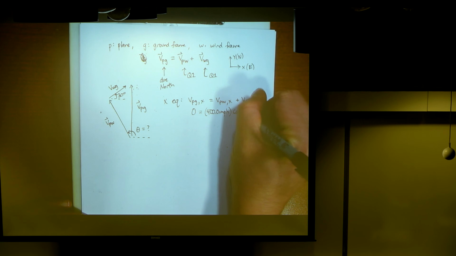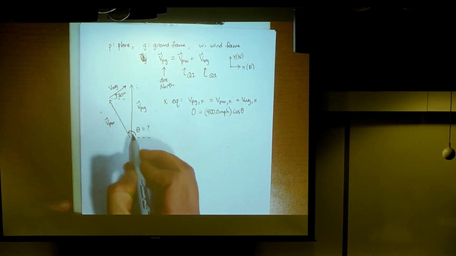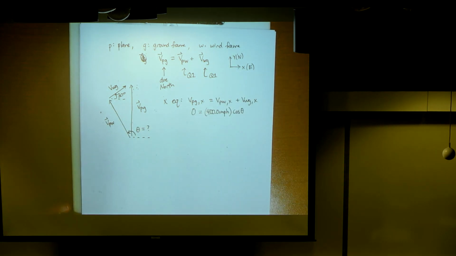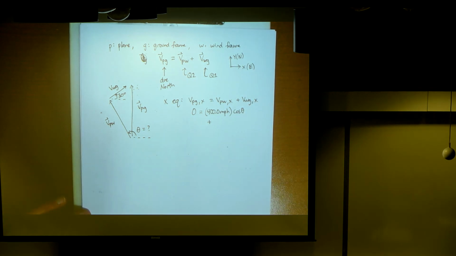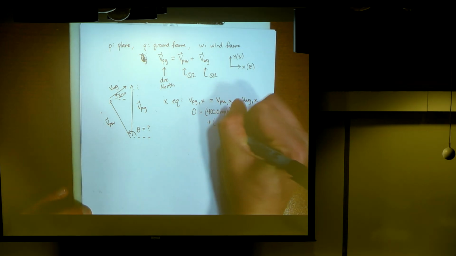But if I take cosine of the angle theta, then I'm picking out the x component of that vector. Is that clear?